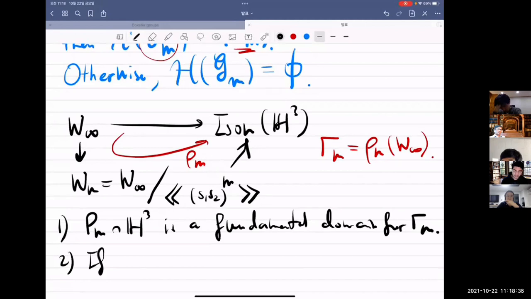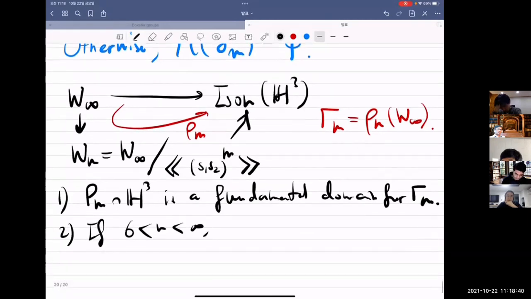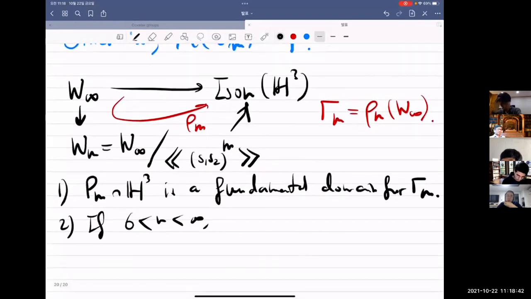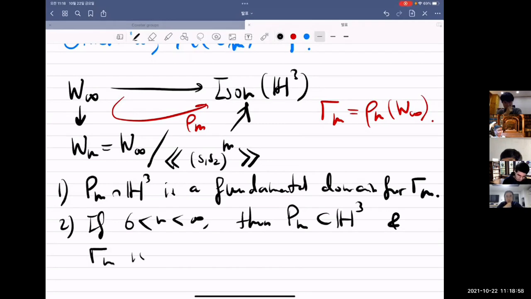And then, as I said... Oh, no, I didn't say it yet, but I will say that when M is between 6 and infinity, not infinity, then this P_M is inside hyperbolic space, and so the Gamma_M is a uniform lattice.